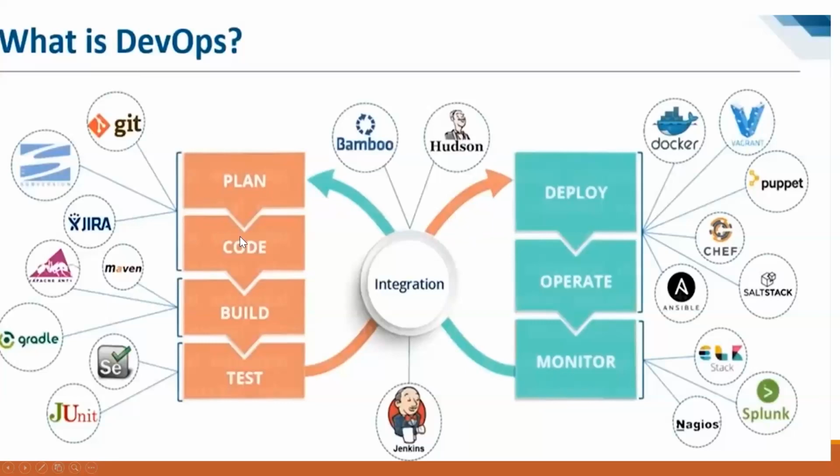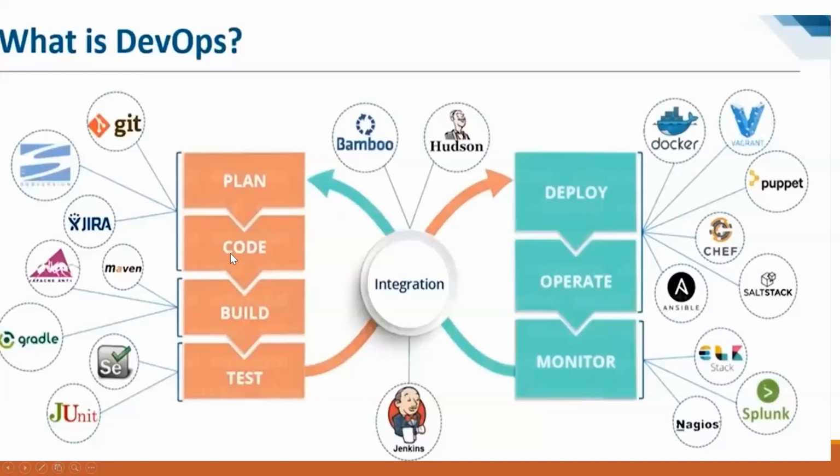This is the integration part and this is the deployment part. Jenkins provides CI/CD, continuous integration and continuous deployment. How can we do it?